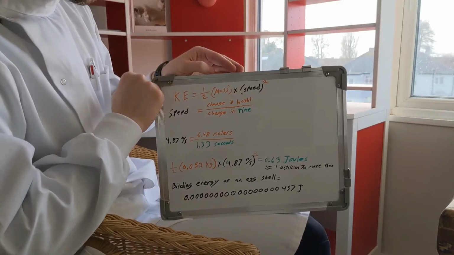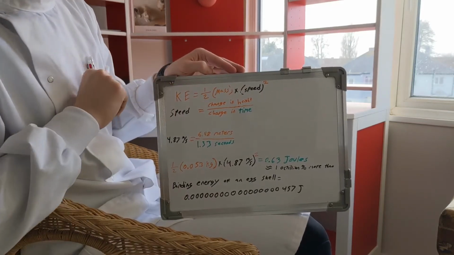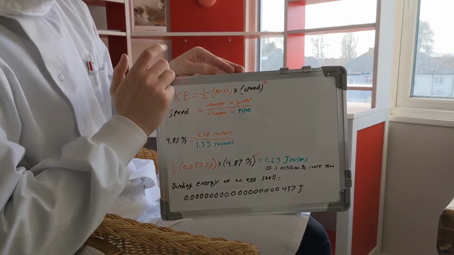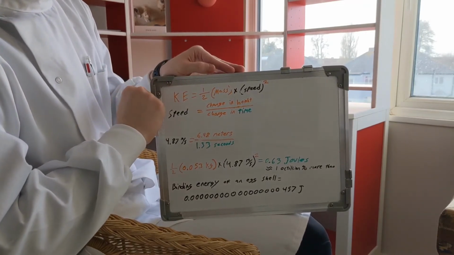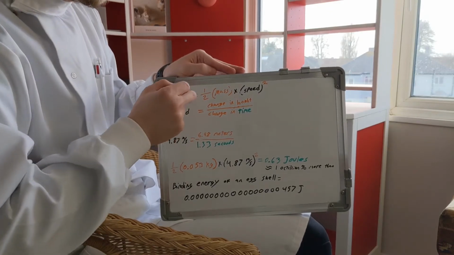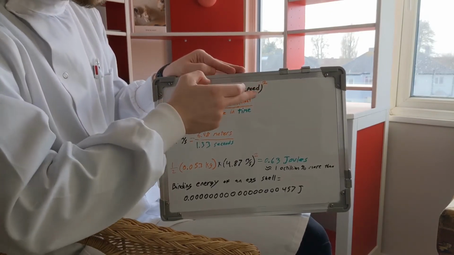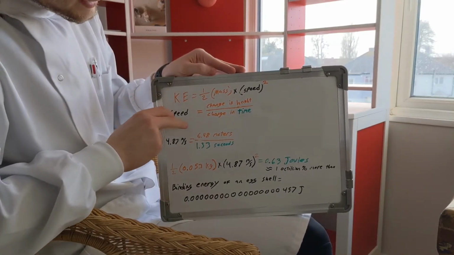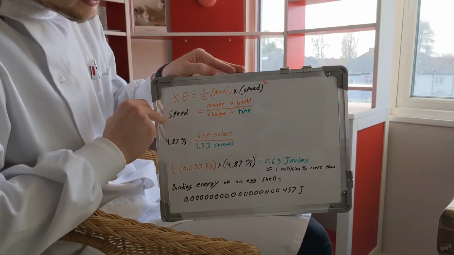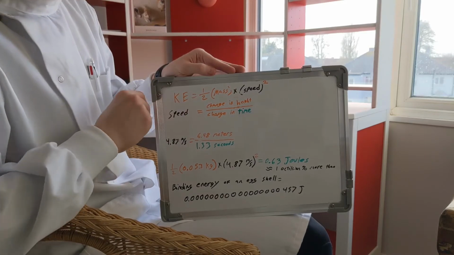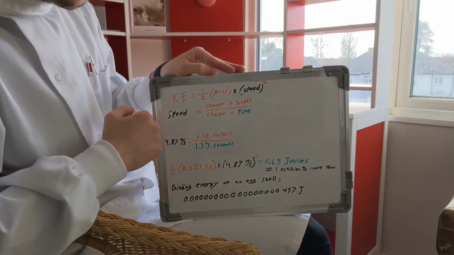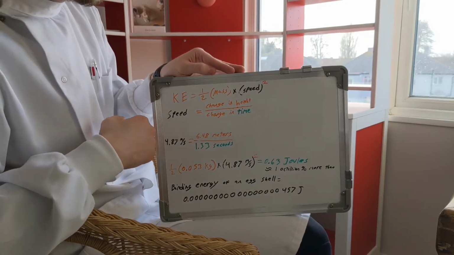Right, now that I've weighed the egg, I found that the egg is 53 grams, which is probably a reasonable weight for an egg. And so now we need to figure out how fast this egg is going when it hits the ground. So down here we can see I have an equation, and this is the equation for speed, or as we call it in the scientific community, velocity.